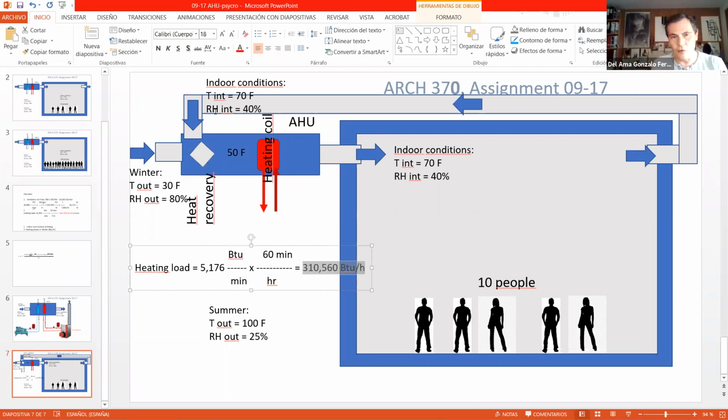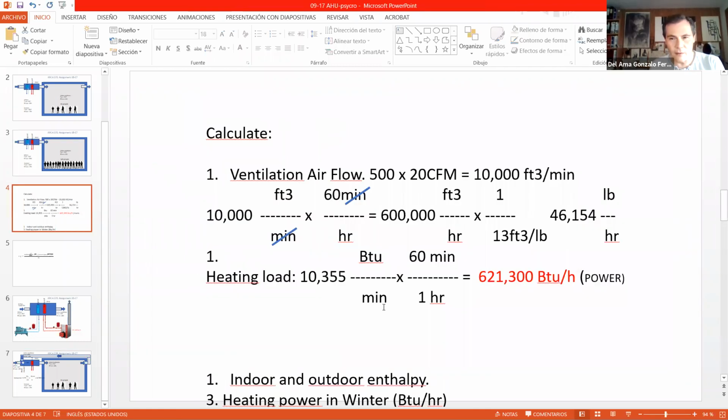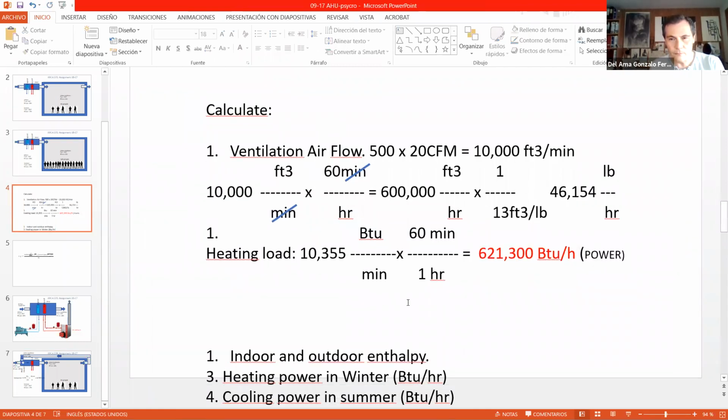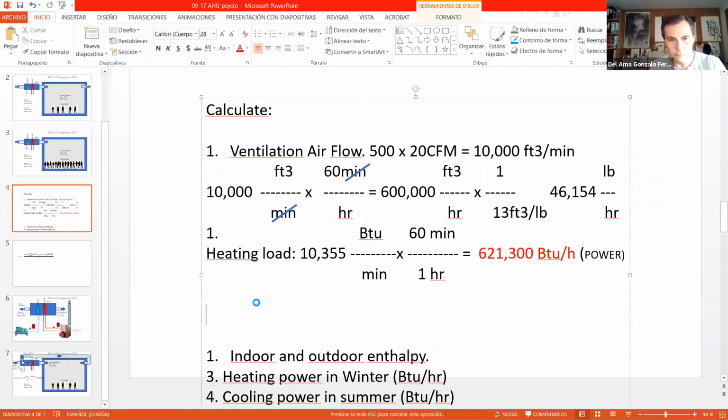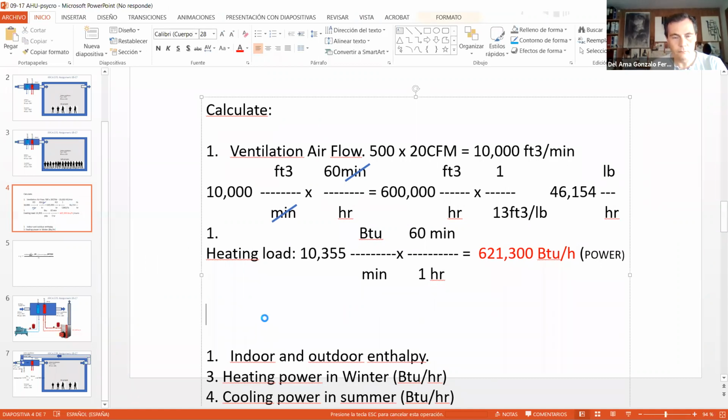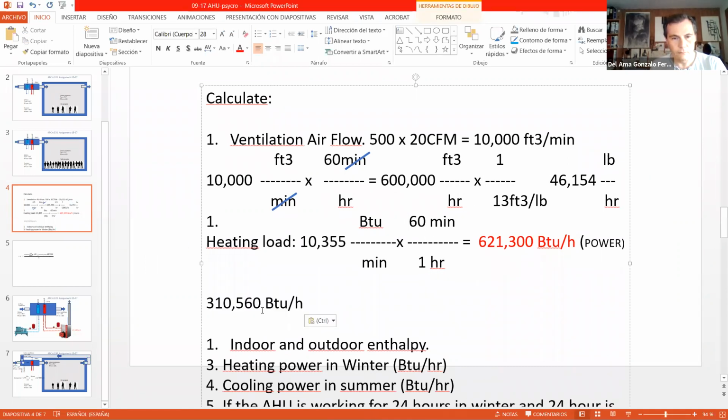Okay, so by using this heat recovery, my heating load is 310,000. What was the other one? There you go.